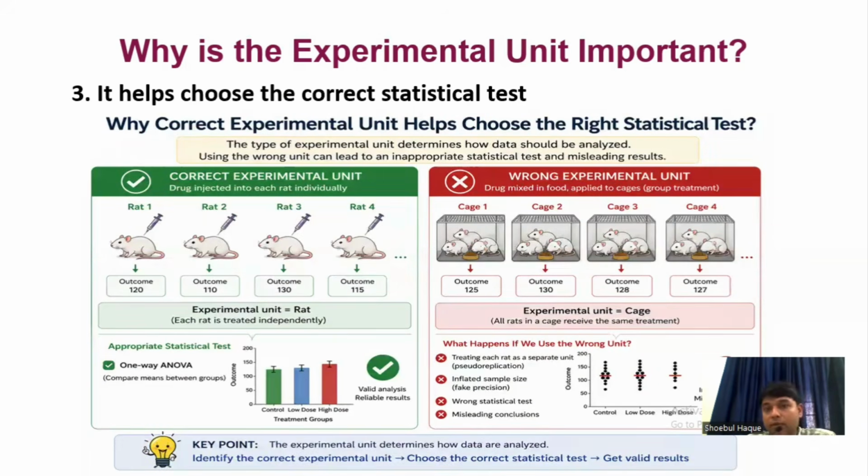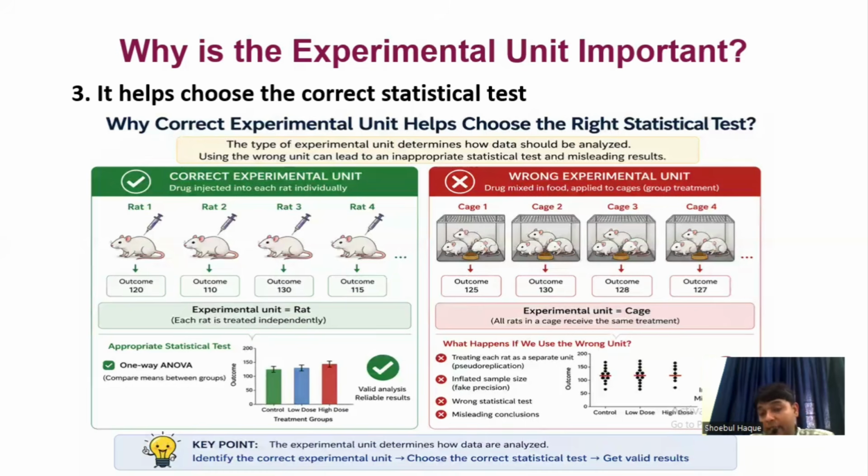Third, it helps choose the correct statistical test. Suppose there are two scenarios. In one, we intervene on the animals individually, and we will find the outcomes slightly different from each other. In the second scenario, suppose you give the treatment through the diet.